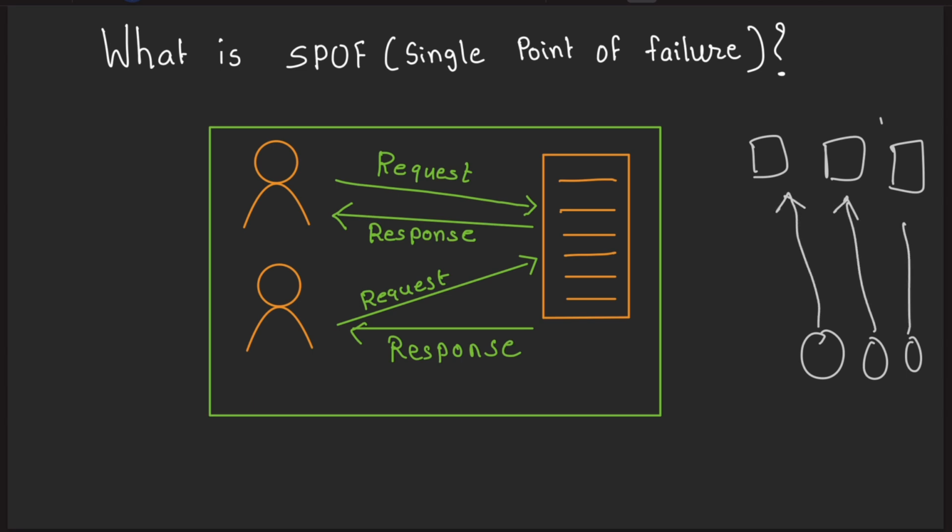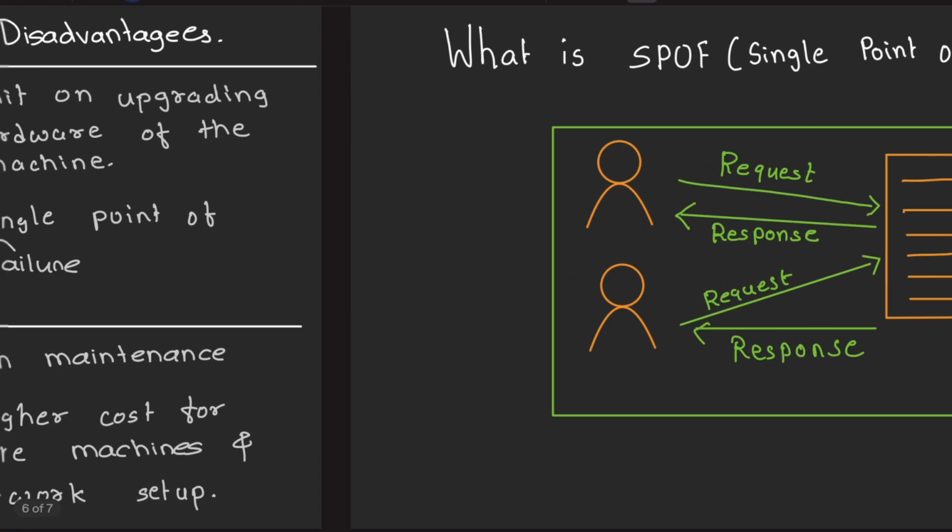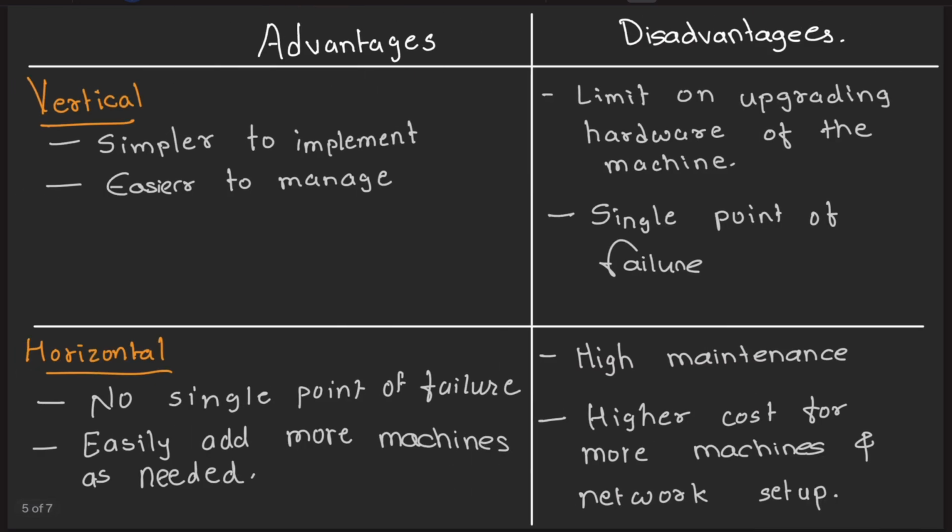If one of my servers fails, then the requests of that client will be redirected to another server, and that's how my system is not going to stop working. So that is an advantage for horizontal scaling. It is also easy to add more machines as needed in horizontal scaling, right?